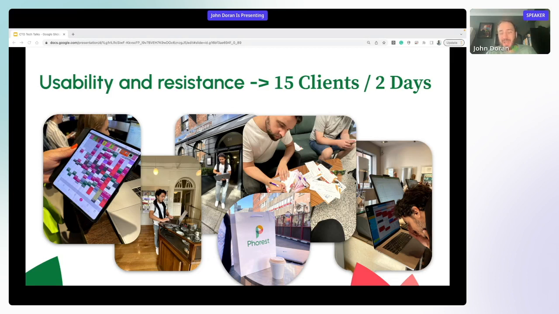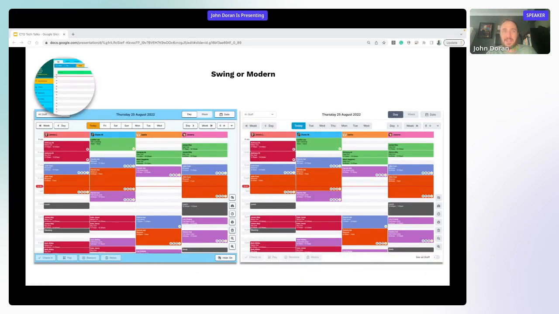So we had to go back to the drawing board and look at the appointment screen. The one on the right is where we had started, and we had to bring it back to looking like the older system. That really hurt the engineers and maybe some of the designers who really wanted to be on the bleeding edge.